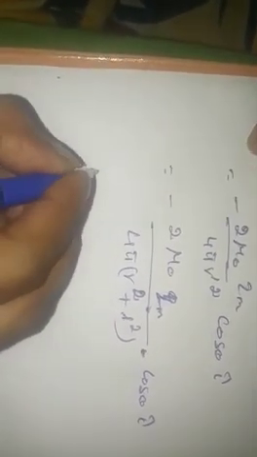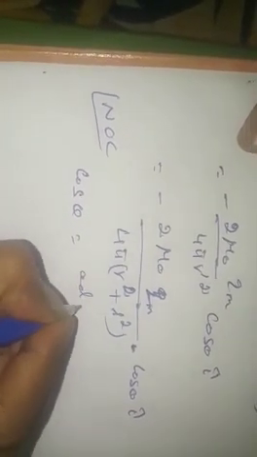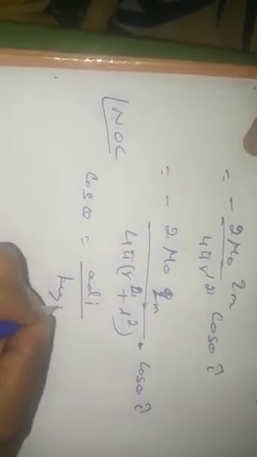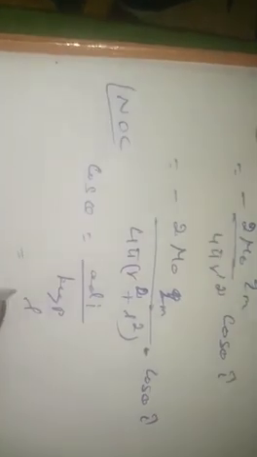In the right angle triangle NOC, cos theta is equal to adjacent by hypotenuse. Adjacent side will be length of the bar magnet L and hypotenuse will be r dash. L by r squared plus L squared whole to the power of 1 by 2.